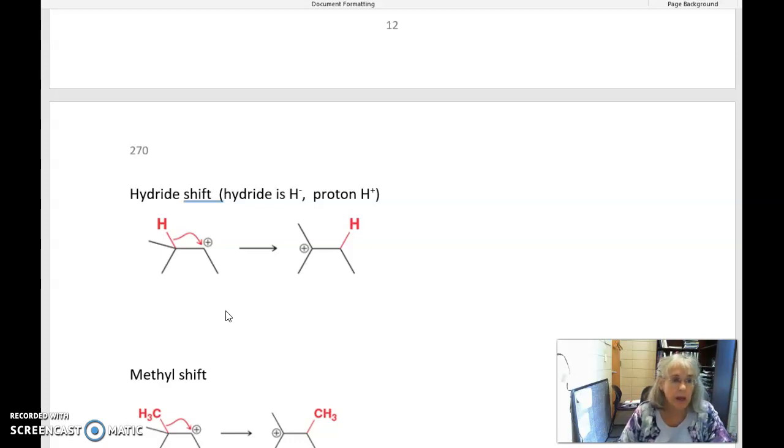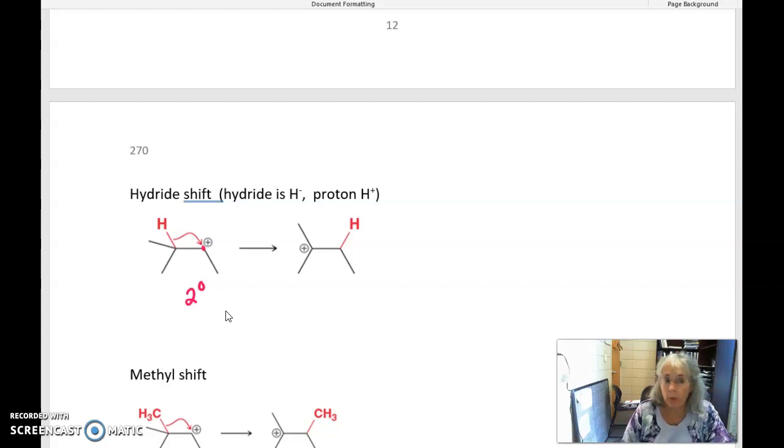Here we have a secondary carbocation. This carbon right here is attached to a carbon here, attached to a carbon here, and then to a hydrogen. So it's secondary, so it's not very stable. It would be more stable if we could make it into a tertiary.